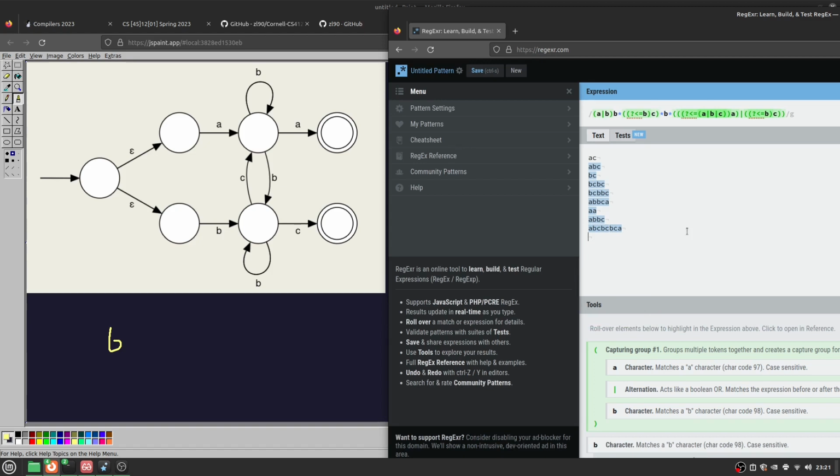We're getting close. BCA should be valid. So let's try something that's not valid. BCC should not be valid. Nice.